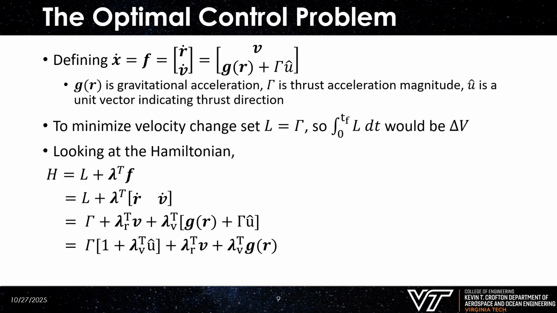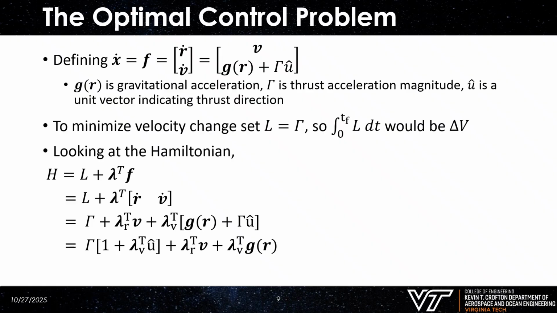Let's take a look at our system Hamiltonian. H equals L plus our Lagrange multipliers times f. And we know that f is equal to r dot and v dot. We can split up this vector and take the first three terms that correspond to the position vectors, and call that lambda r, our adjoint vector for our position terms.